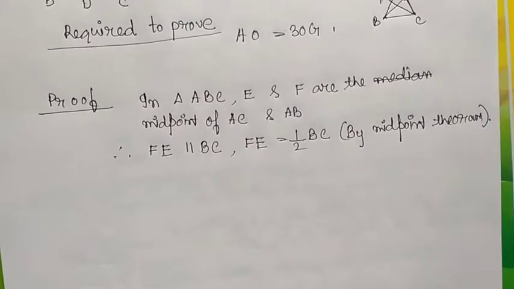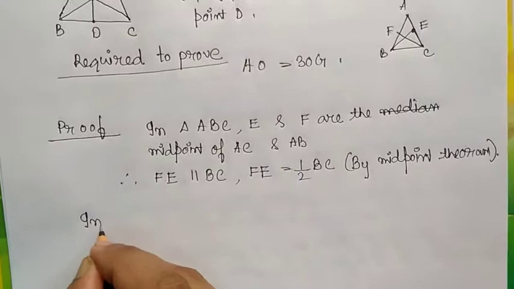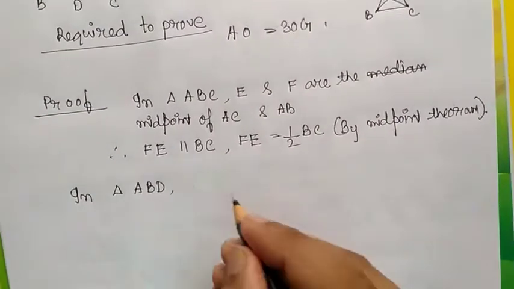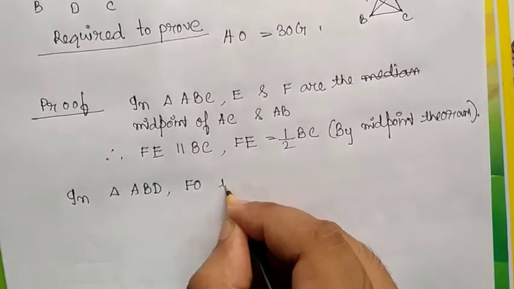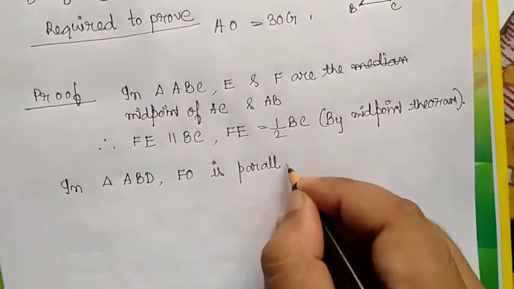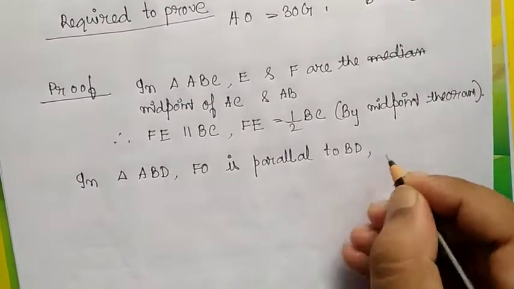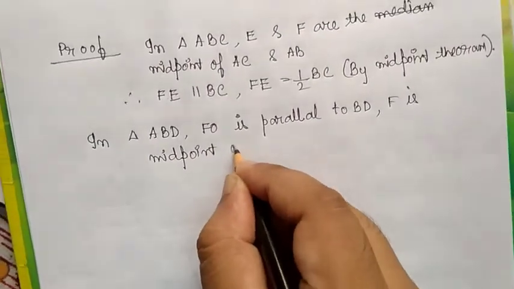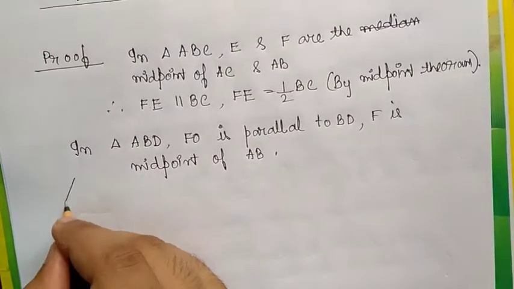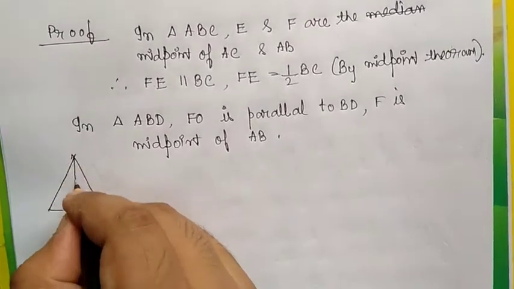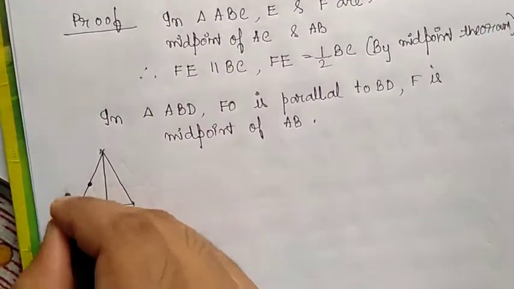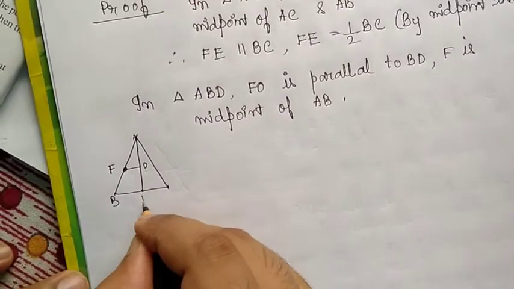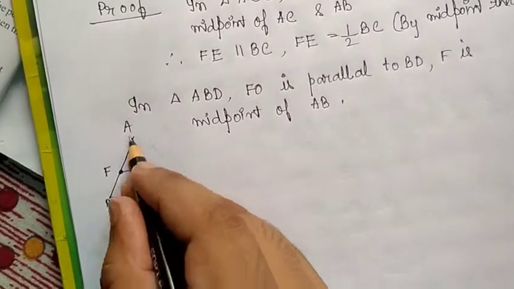So after that we can say that in triangle ABD, FO is parallel to BD and F is the midpoint of AB.